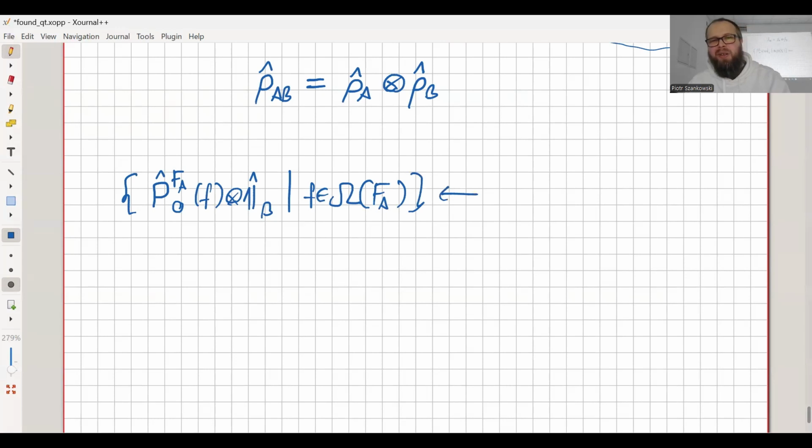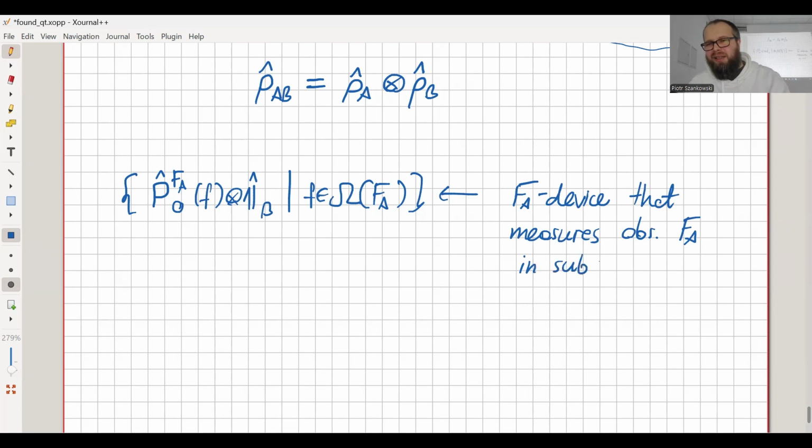Okay, so this would correspond to an F A device that measures observable F A in subsystem A only, okay?